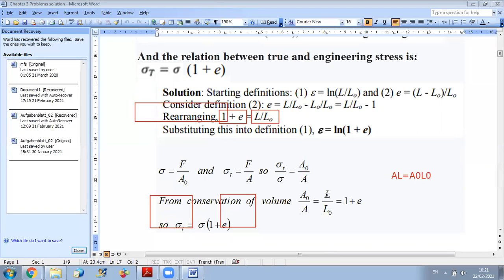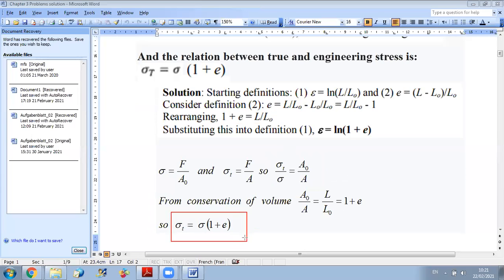And then by replacing the ratio A0 over A in this formula, I will get that sigma true over sigma is equal to 1 plus epsilon engineering. And then when I take sigma to the other side, I can demonstrate my formula, which is that sigma true is equal to sigma engineering times 1 plus epsilon engineering.